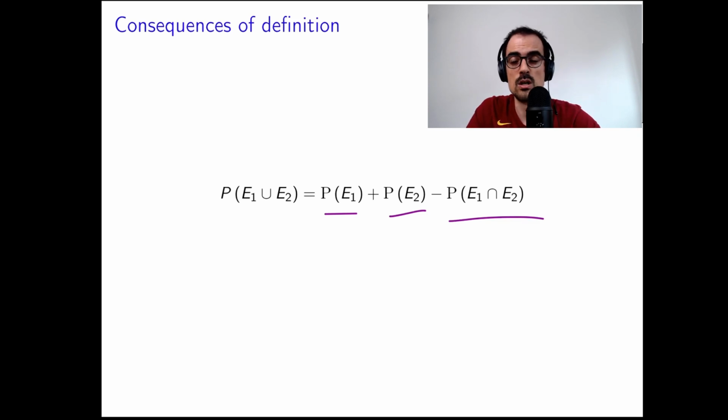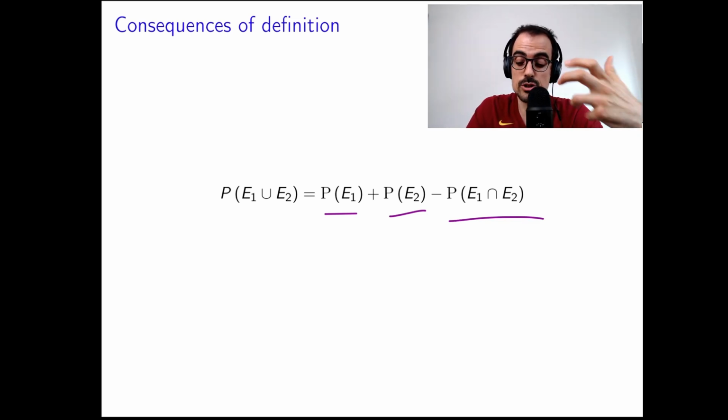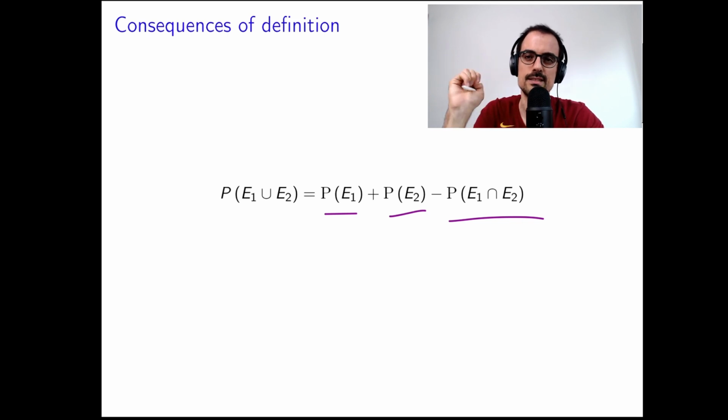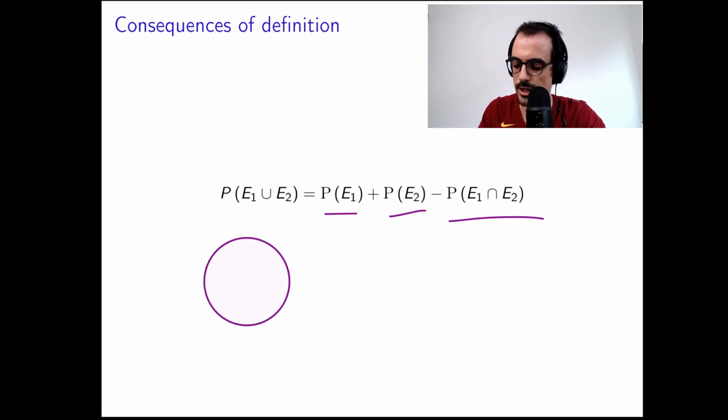I encourage you to derive this formally, mathematically, from the definition of probability measure, but let's use a Venn diagram to prove it intuitively. You could make this formal by writing out the corresponding equations, but I just want to show you the use of Venn diagrams.